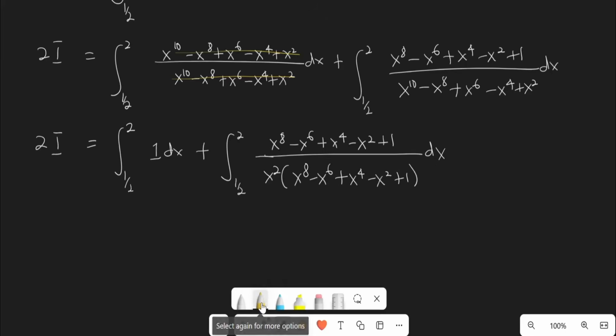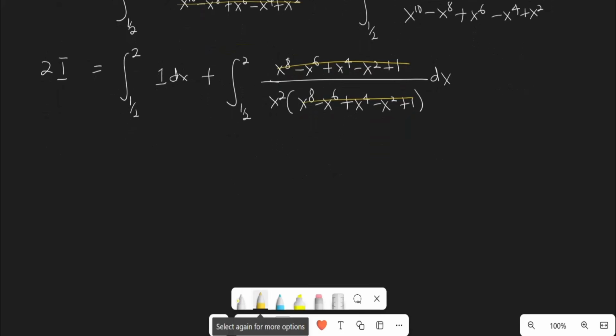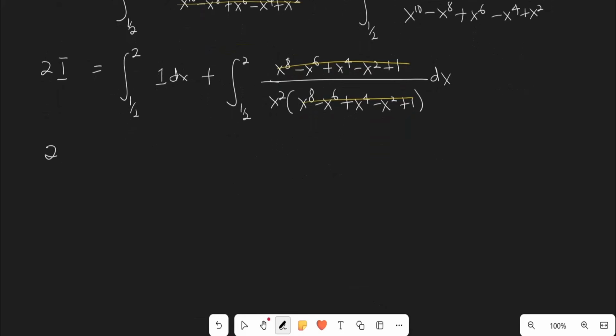And we see that this one is also going to cancel this one out nicely. And now what is left? 2I here is going to be equal to the integral from 1/2 to 2 of 1 dx plus the integral from 1/2 to 2 of 1 over x squared dx.